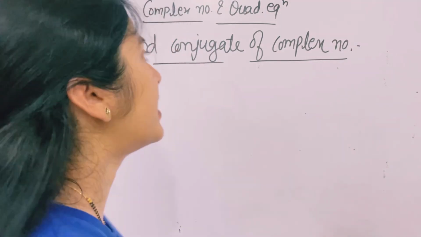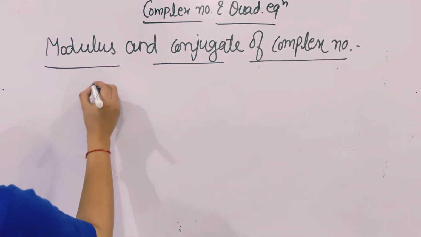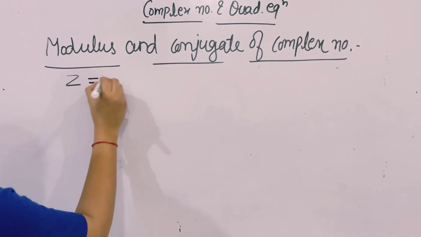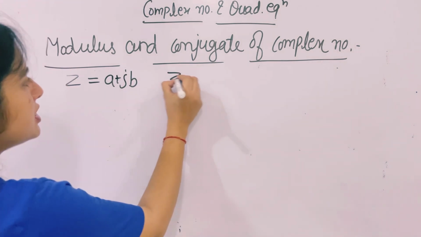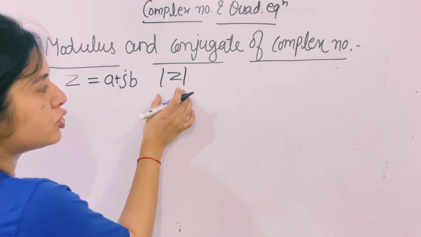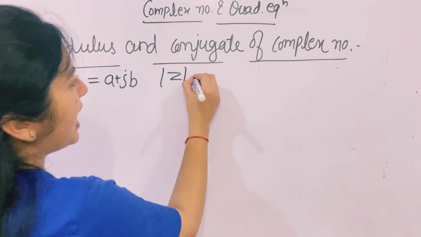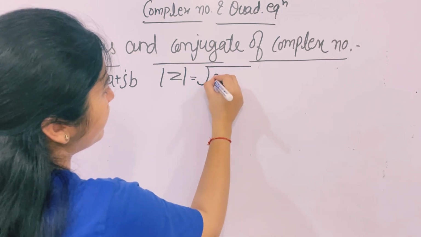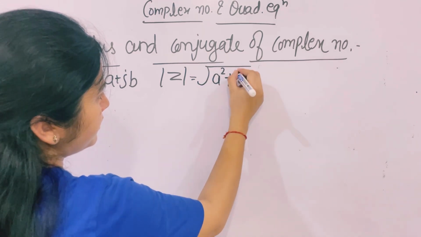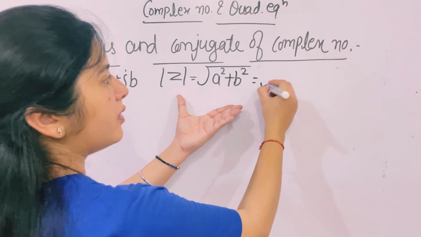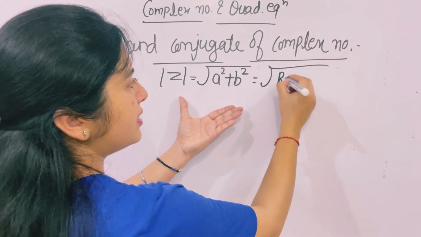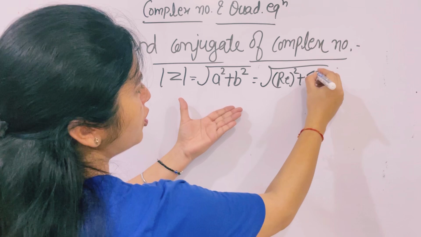Modulus and conjugate of a complex number. If we have a complex number z equals a plus iota b, then the modulus of this complex number is denoted by mod z and will be a positive number, root a square plus b square, that is, real part square plus imaginary part square.